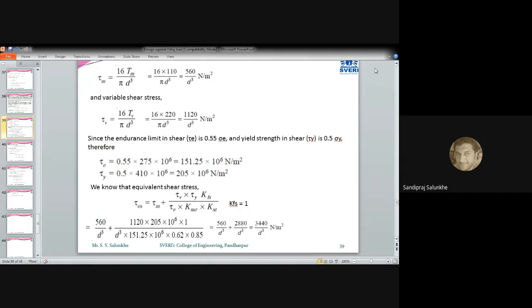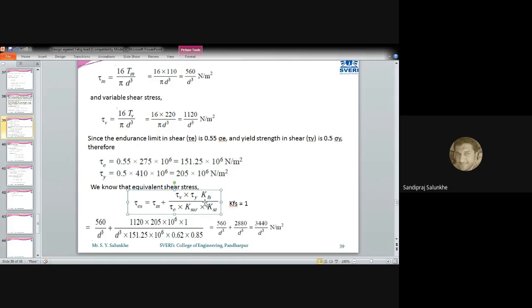Now, when we calculate the equivalent shear stress, which is based on all the factors we have considered, that is stress concentration factor, surface finish factor, and size factor, this value of endurance shear limit can be calculated as mean shear stress plus variable shear stress into yield shear stress, in this formula.